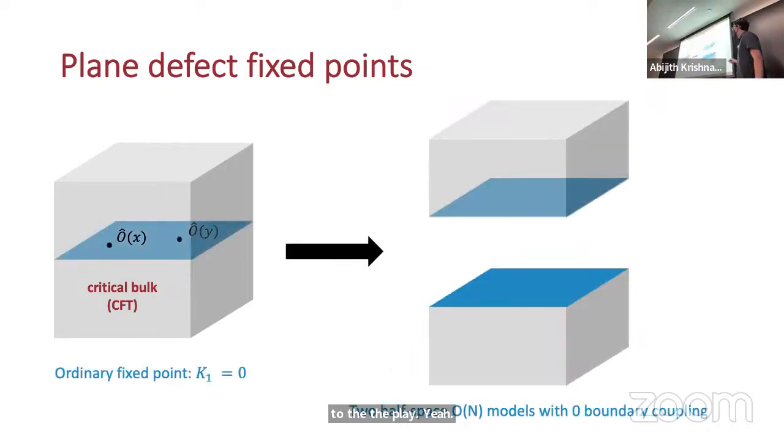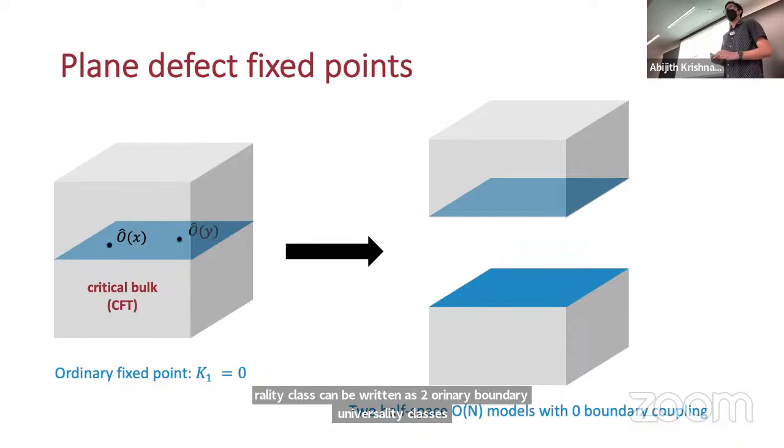So as I said, the ordinary plane defect universality class can be written as two ordinary boundary universality classes. Epsilon is a scalar with respect to the O(N) model.